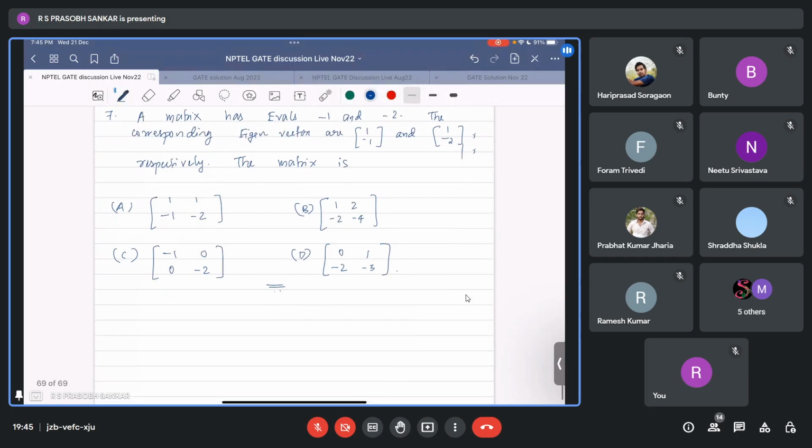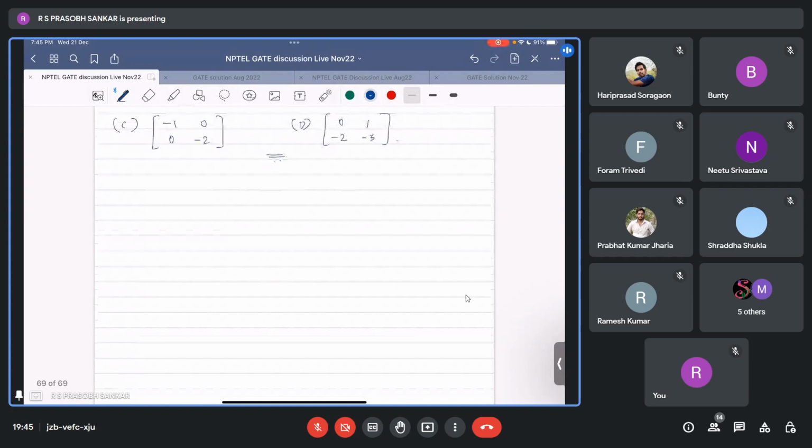To solve this question, we use one interesting, important result in linear algebra known as the eigenvalue decomposition theorem. So it's like this.